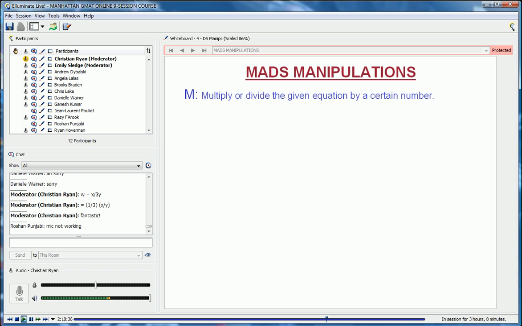So the M stands for multiply or divide, because as one of our instructors puts it, they're 2 horns of the same bull, multiplying and dividing. They act pretty much the same, because multiplying by a number is the same as dividing by that number's reciprocal. So you can go back and forth between these 2 variations, multiplying the left by 3 and you get the right. Divide the right by 3 and you get the left.